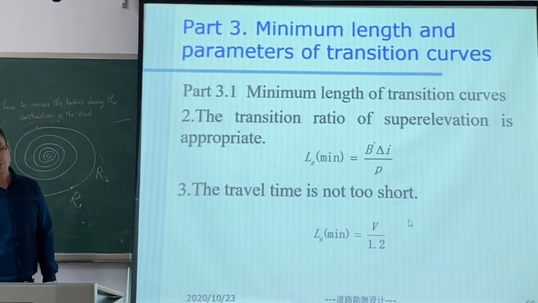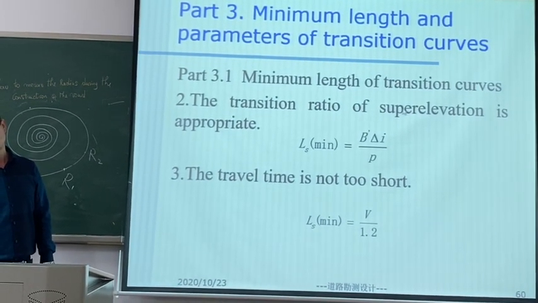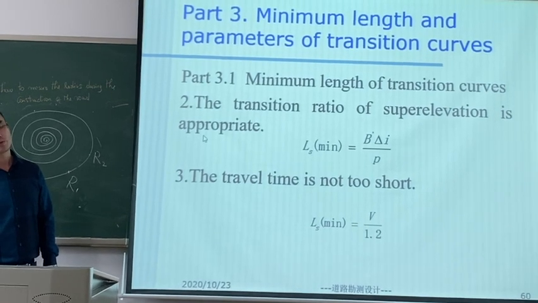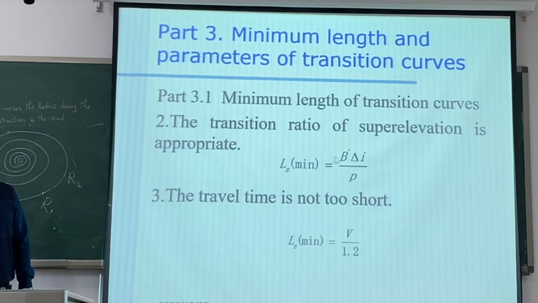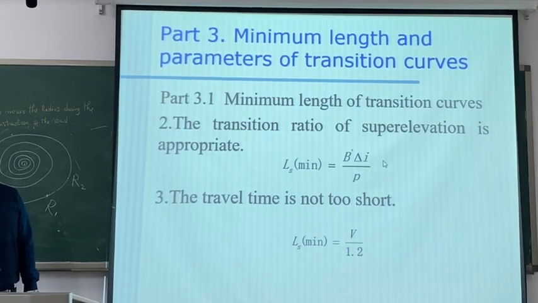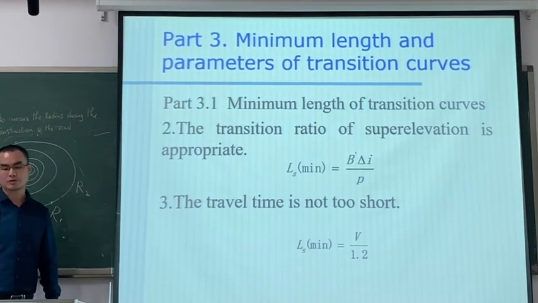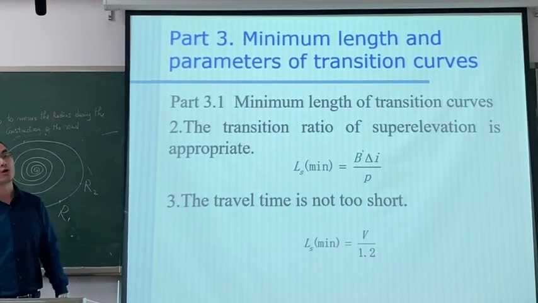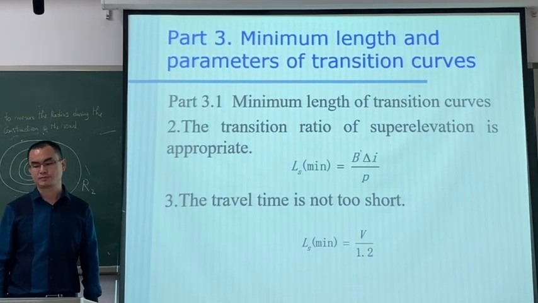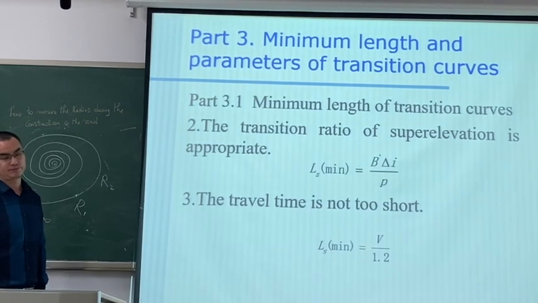2. The transition ratio of superelevation is appropriate. Delta i is the changing value of cross slope.